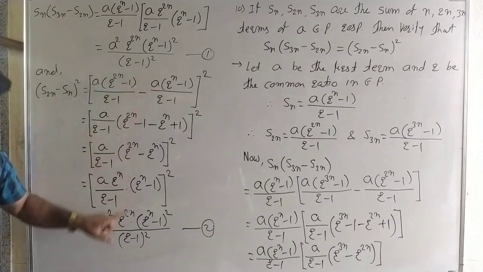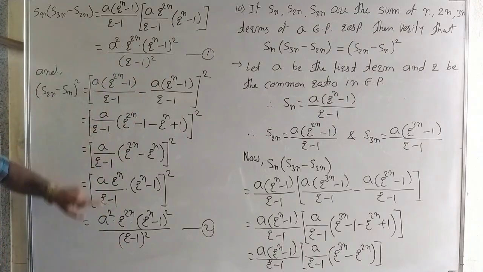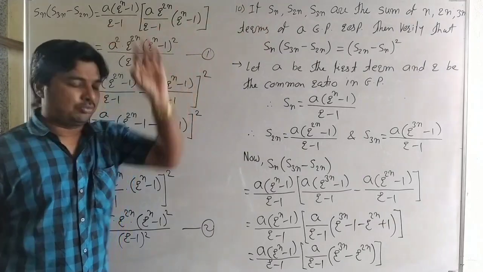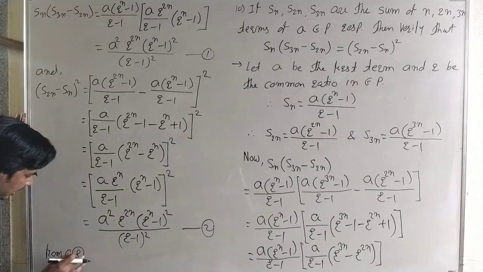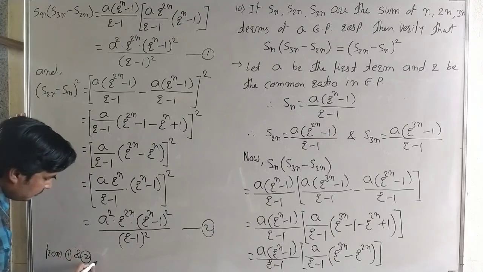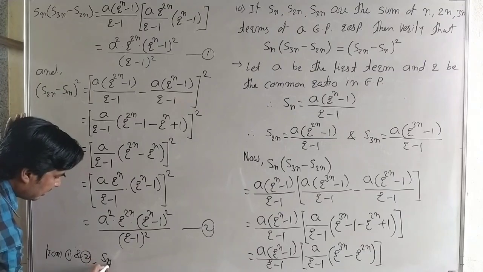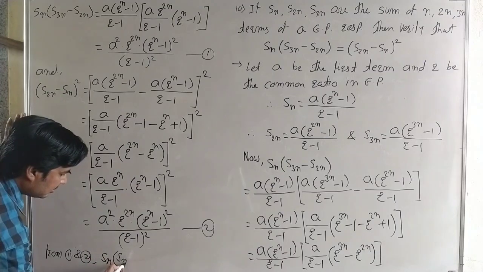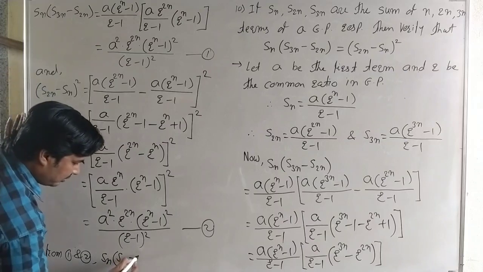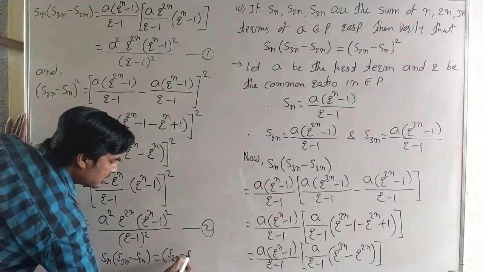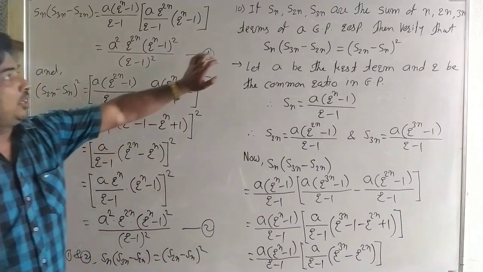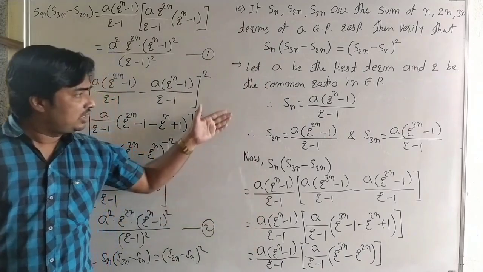From equations 1 and 2, it is verified, both are equal. So Sn into S3n minus S2n is equal to S2n minus Sn whole square. It is verified.